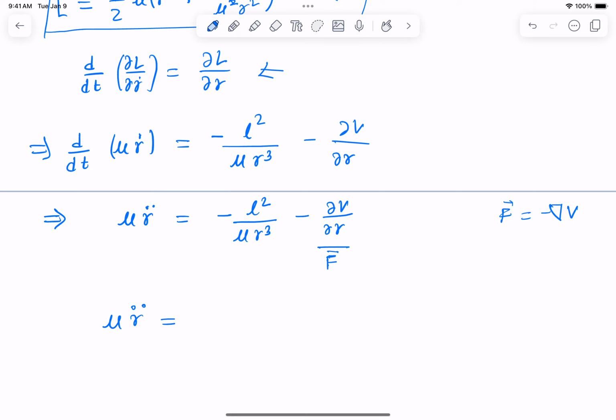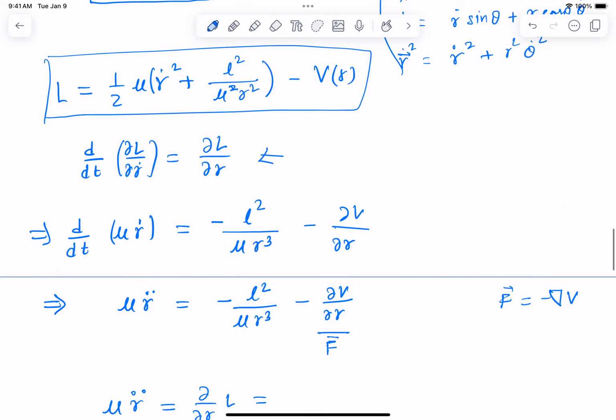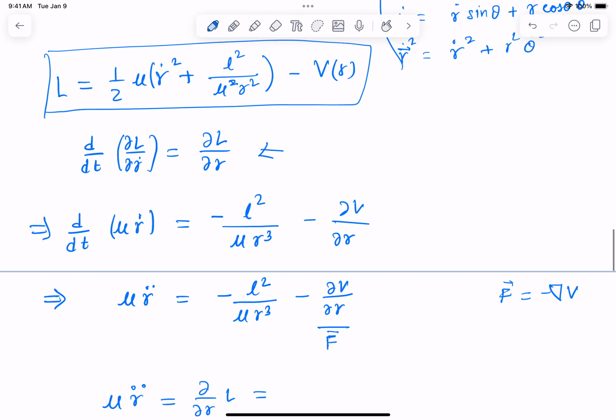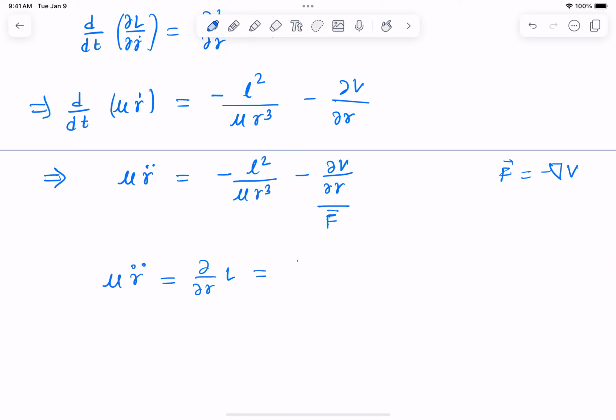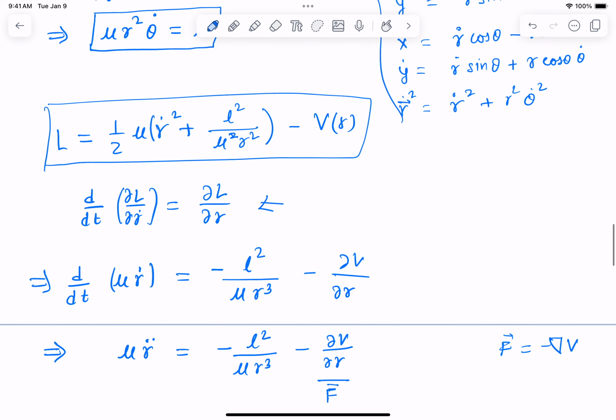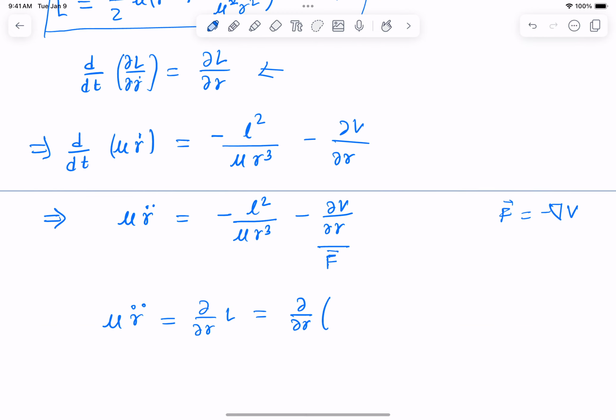And the second part is del by del r of the Lagrangian, which we can also write as, because the first term here does not depend on r, it depends on r square, del by del r of the remaining quantities, and the remaining quantities is L square by 2 mu r square minus V of r.